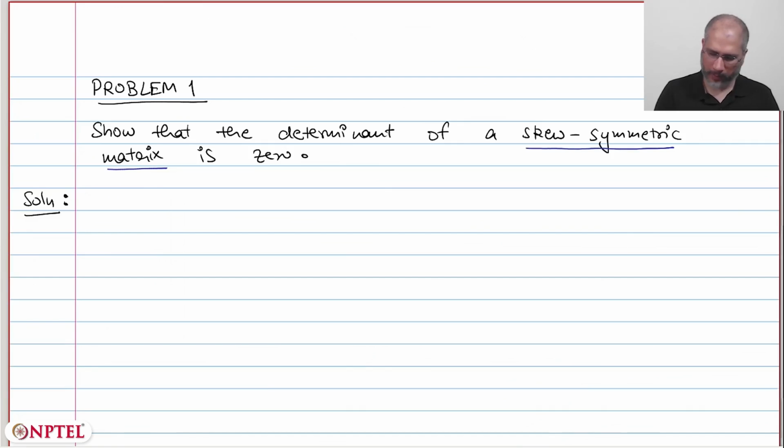So we can write the property of skew symmetric matrix as, let us say we are dealing with the matrix A, then Aij is equal to minus of Aji. That's the property of a skew symmetric matrix.